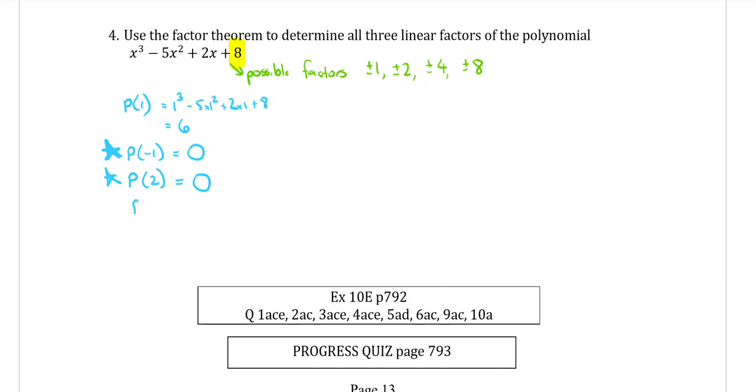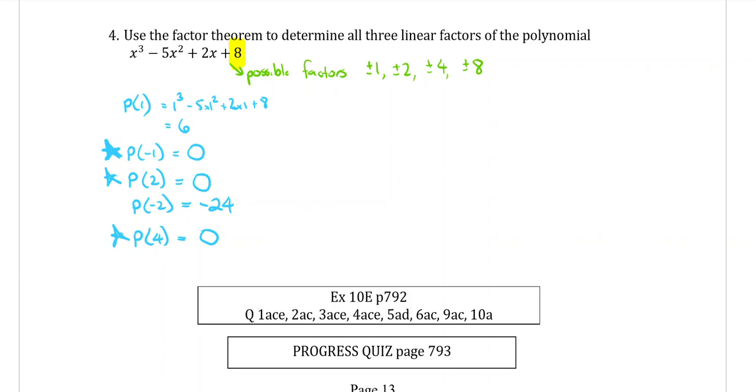When you sub in p of -2, I'm going to save us a bit of time here. Unfortunately, that one doesn't work. It's not my third one. You could keep guessing until you've tried all of the factors there. And it does turn out that if you go to p of 4, which is the next one, it equals 0 again, which is your third factor.